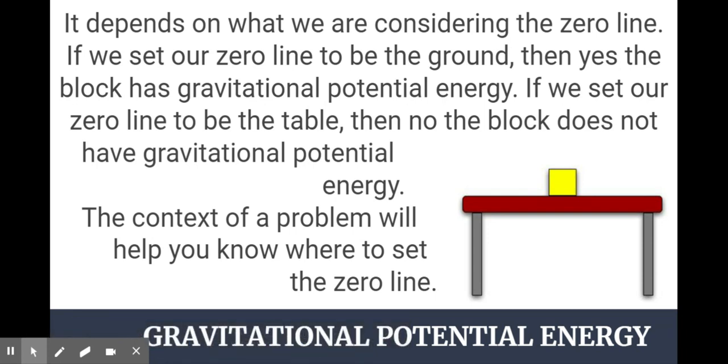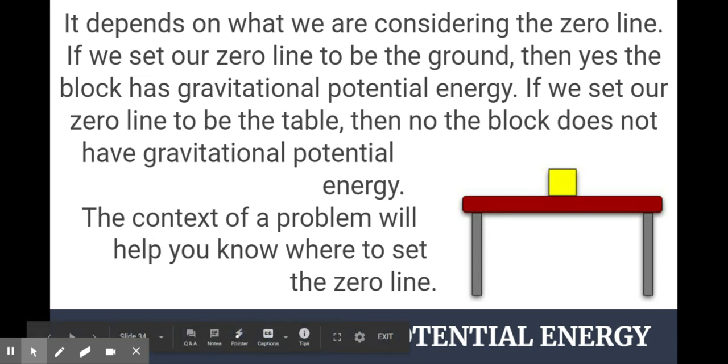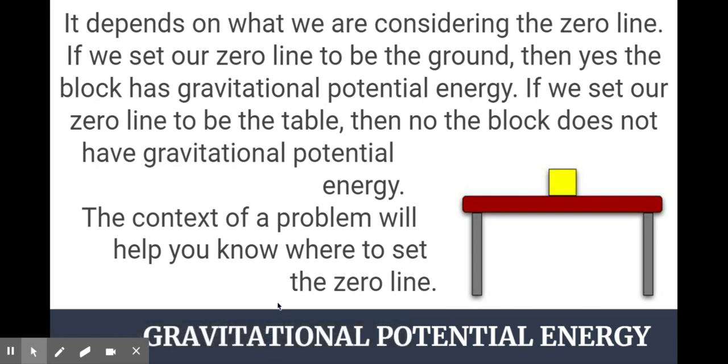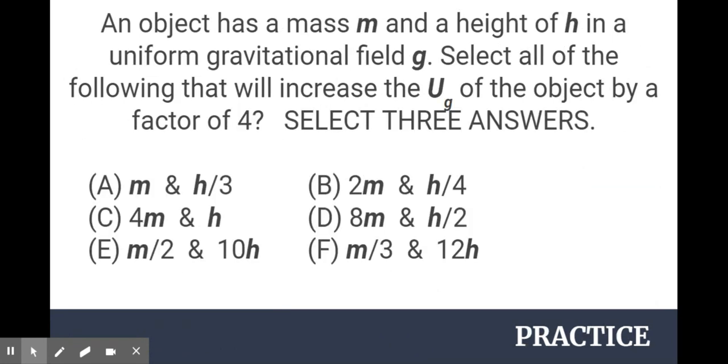Therefore, it has gravitational potential energy. If we set our zero line to be the table, then no, the block has no height above the table. Therefore, it has no gravitational potential energy compared to the table. Anytime you're looking at a problem, you've got to understand the context of the problem to know where the zero line should be set, what it should be compared to. That's going to help you know whether or not the object has height, and therefore whether or not it has gravitational potential energy.